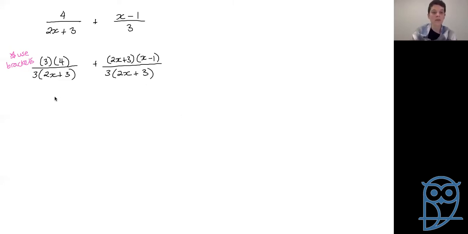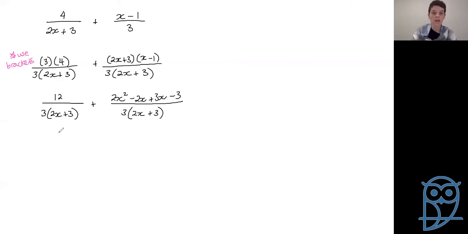So 3 times 4 gives us 12 over 3, 2x plus 3. Plus, on this side, 2x squared minus 2x plus 3x minus 3 over 3 times 2x plus 3.